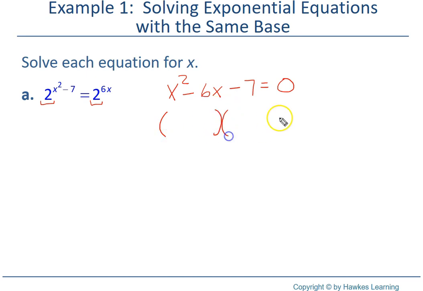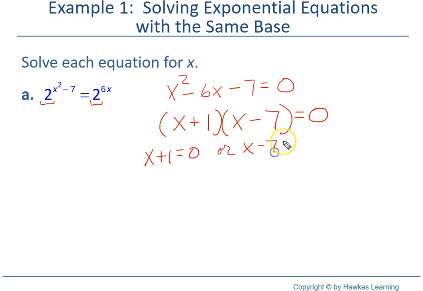So now the only method we have for solving quadratic equations in our toolkit so far is factoring. And what will our signs be? Well, if our middle sign is negative, the outers would have to be a -7, the inners a +1. And then solving this, x plus 1 equals 0, or x minus 7 equals 0.